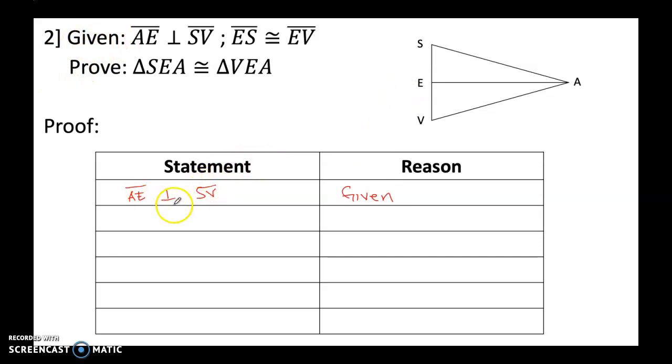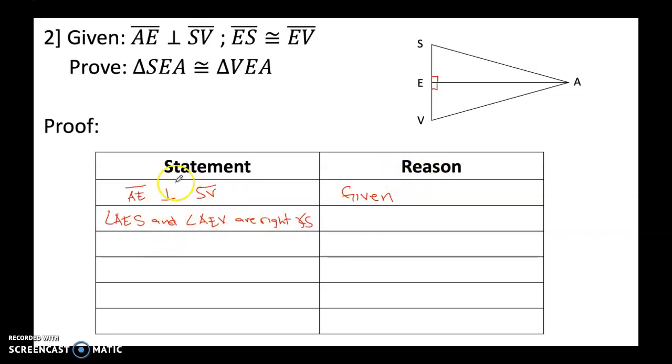So what angle is formed if we have perpendicular segments? If the two segments are perpendicular, they form a right angle. So we can say that angle AES and angle AEB are right angles.